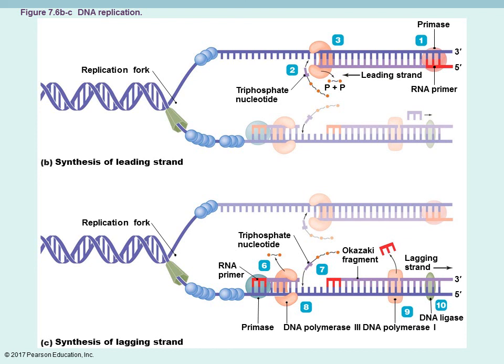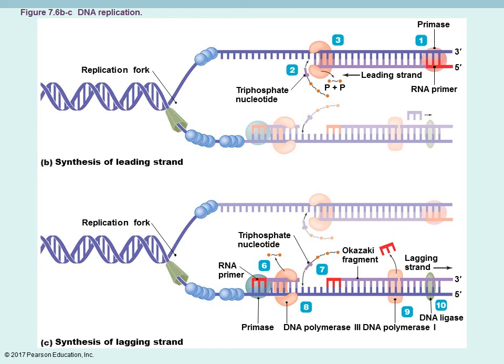So when it finishes a section, it gets released, it comes back. Now it has bound over where 6 is, because that section is open. RNA primer bound. As you can see, DNA polymerase came in and bound. Again, it's putting in the appropriate complementary bases at number 8. And it's going to continue as it moves and finishes in that extra little space.